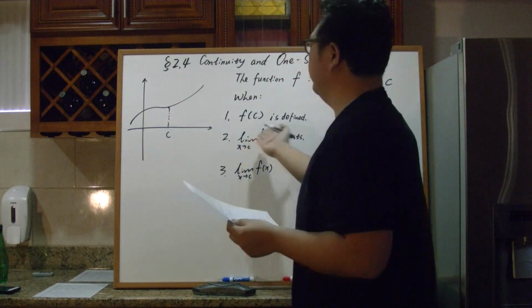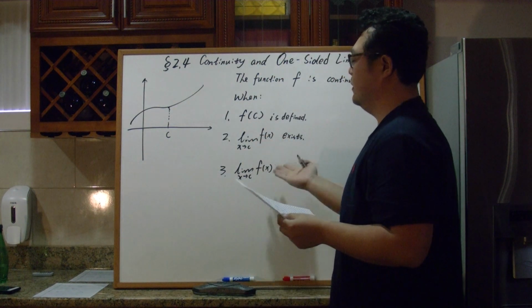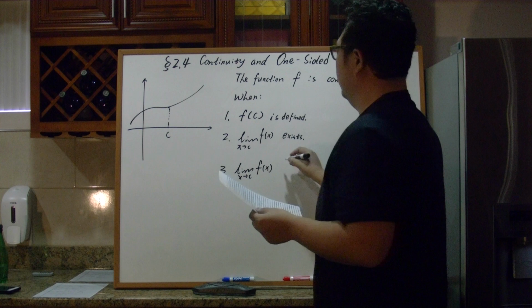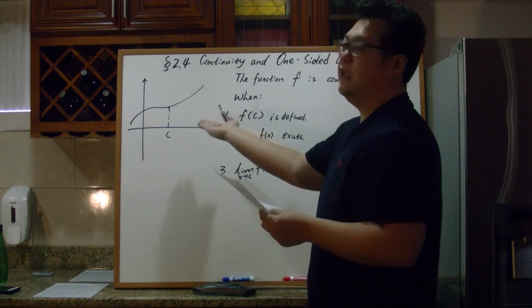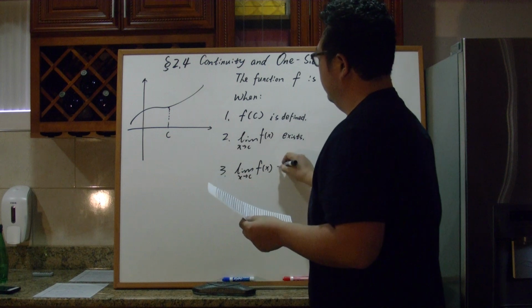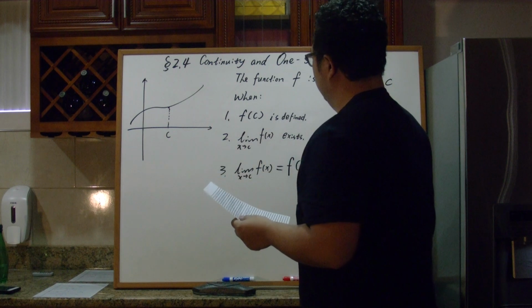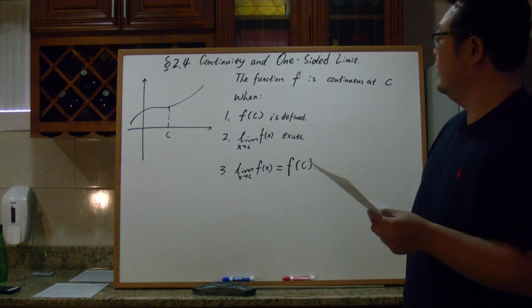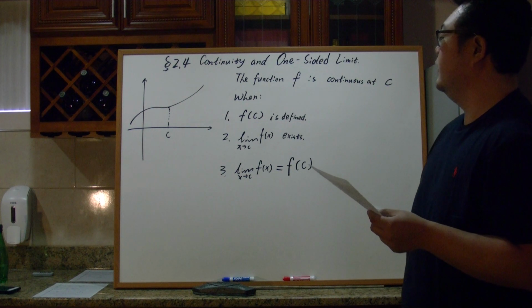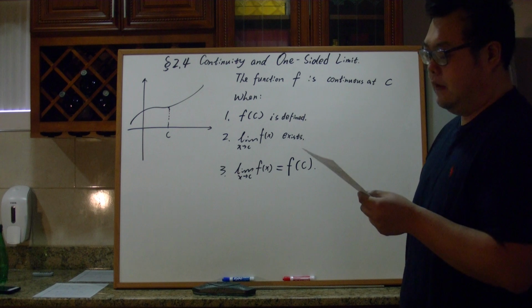We cannot have infinity as the limit, we cannot have the limit not exist, and the limit, being a constant, needs to match our defined function value. So that is called continuous at C.